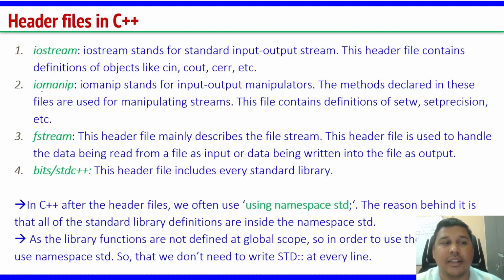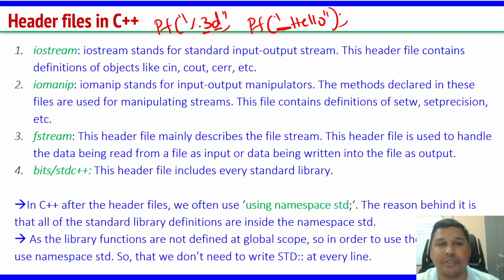Then the second header file is iomanip. iomanip means input output manipulators. If you remember in C programming, if I am printing something like hello and I want 3-4 spaces here, we can give it this way, right? If you might have solved %3d, like this we used to give. %3d means print the number after 3 spaces, right?